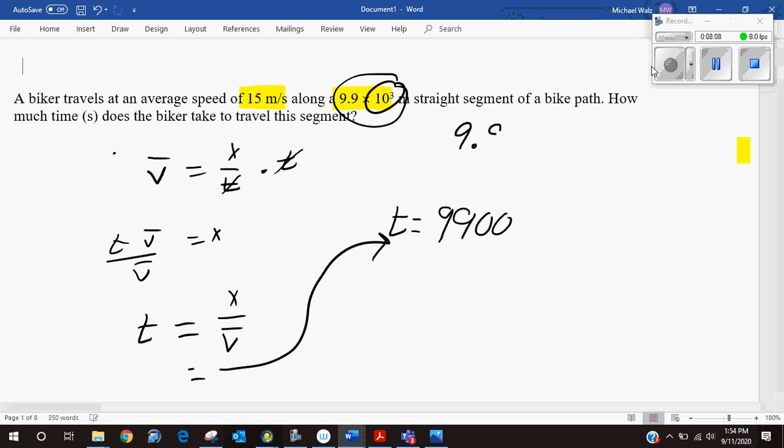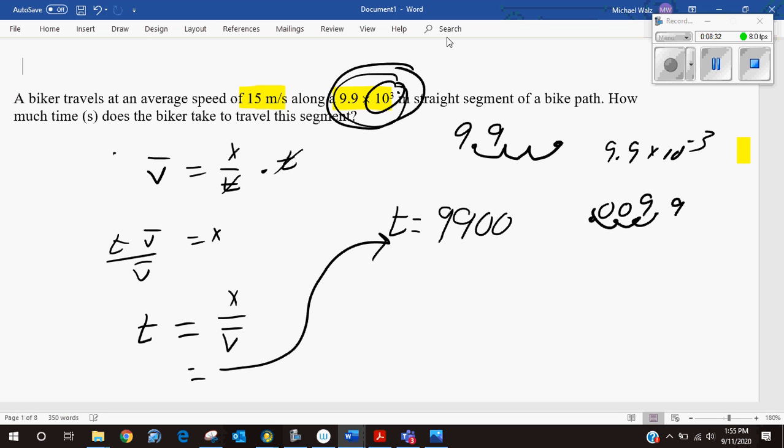So the easiest way is, if it's a positive, you just move the decimal 3 times. If it were 9.9 times 10 to the negative third, then you would move it the other way, 1, 2, 3. So you're either moving the decimal to the right or to the left. That's all you ever do to expand these numbers.